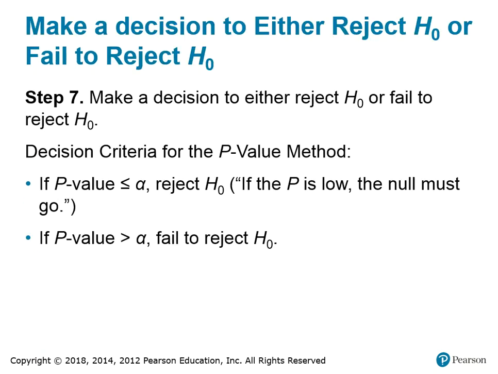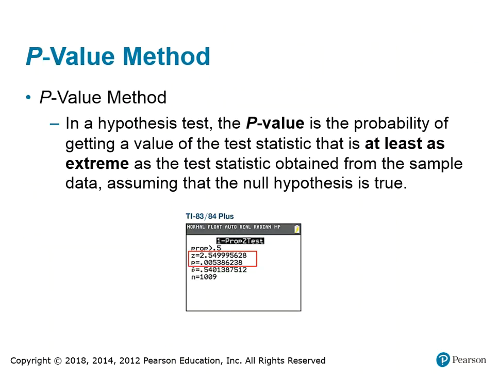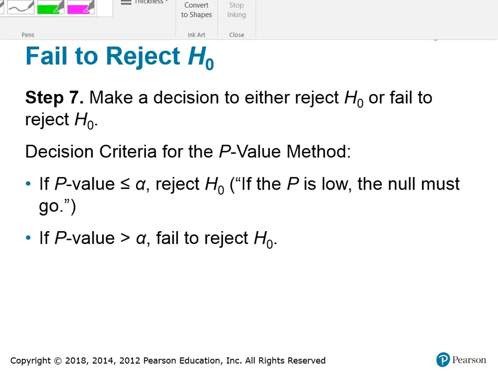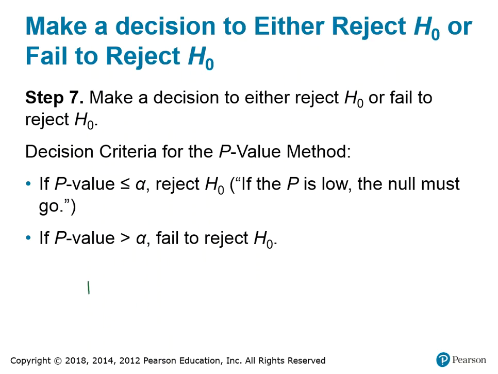Now we have to decide, are we rejecting or not rejecting? Actually, let's back up real quick. Let's grab it. It's 0.005. So I'm going to bring that forward. My p-value is 0.005. My alpha was 0.05, so I'm going to compare these.